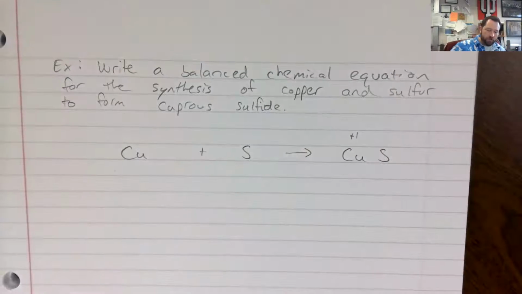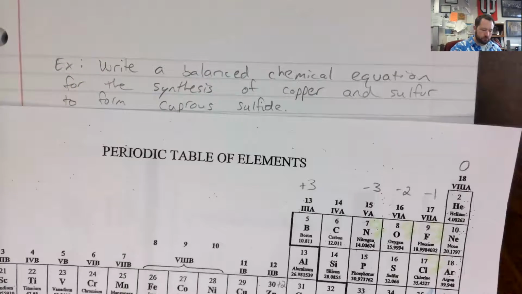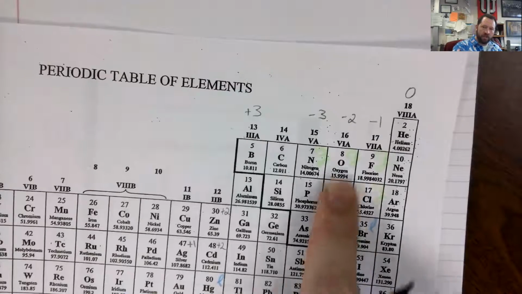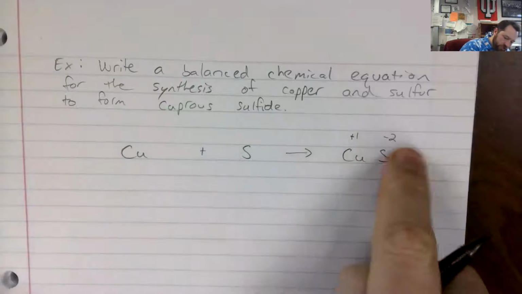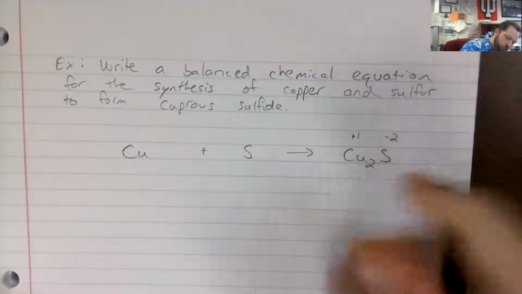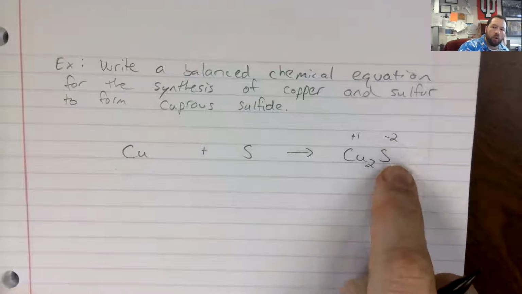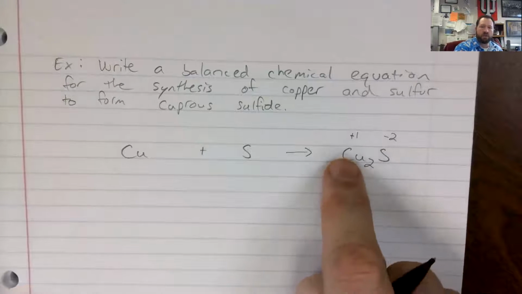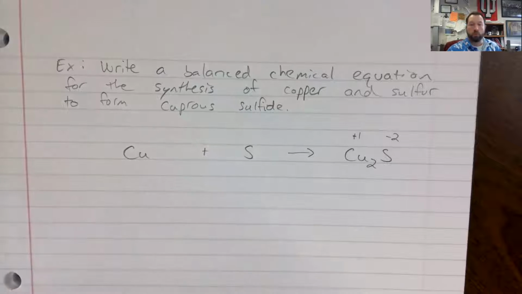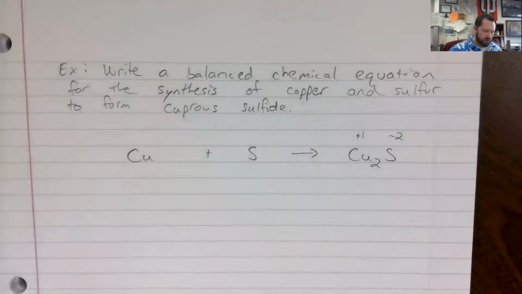Sulfide, off the front of the periodic table, has a -2 charge. So when we balance those charges, it's going to take 2 cuprous to cancel out our 1 sulfide. So there's our subscript, Cu2S. That's the difference between cuprous sulfide and cupric sulfide.